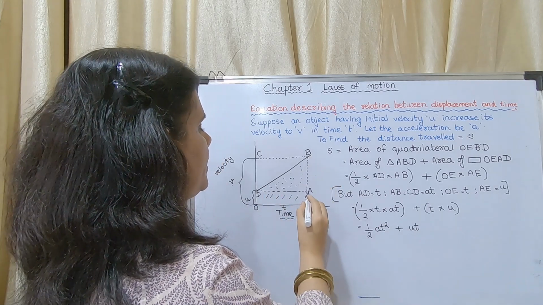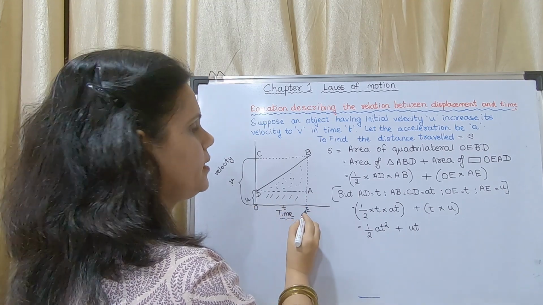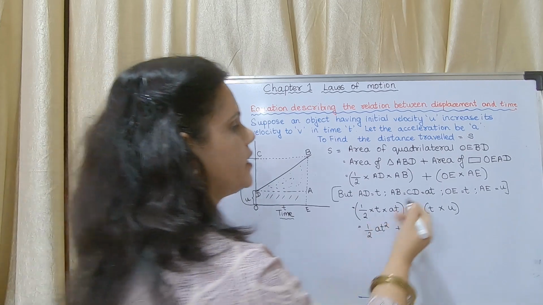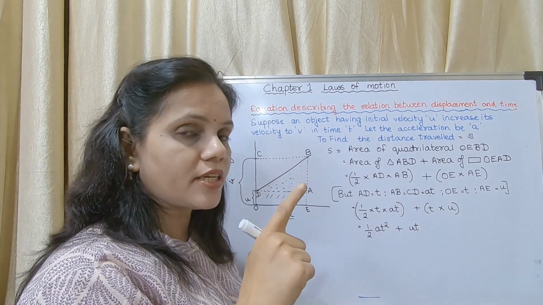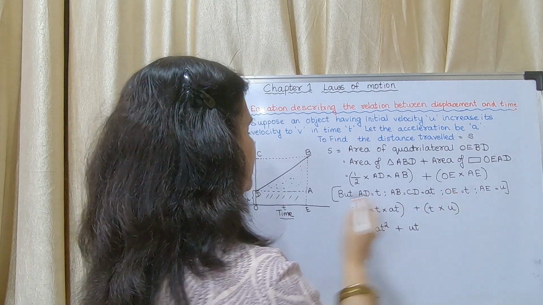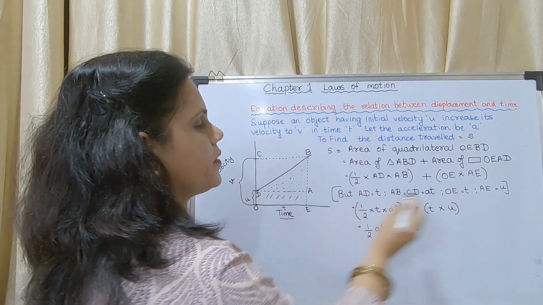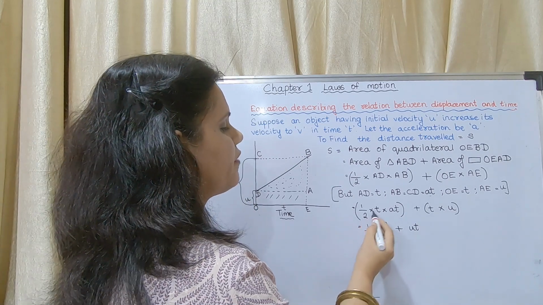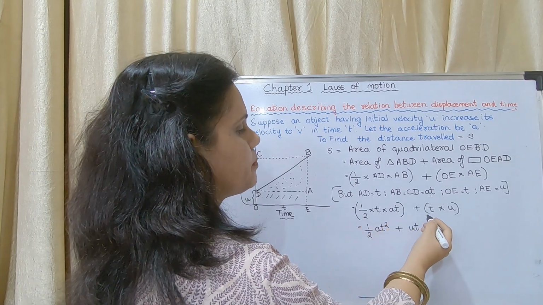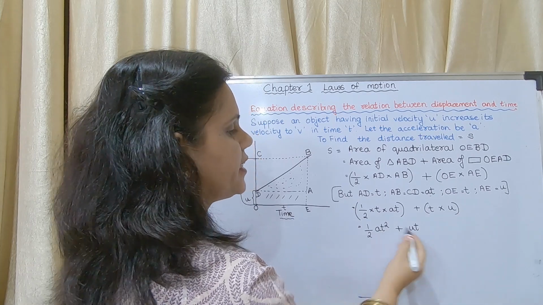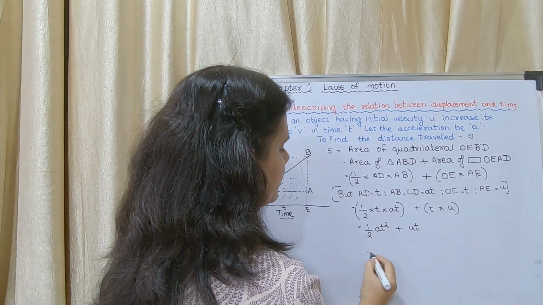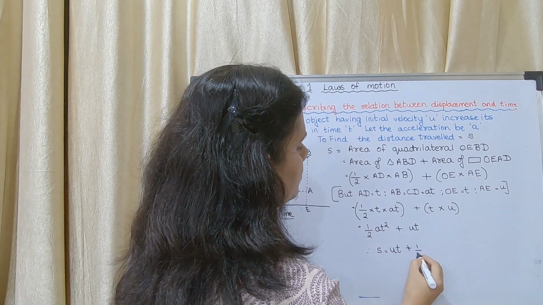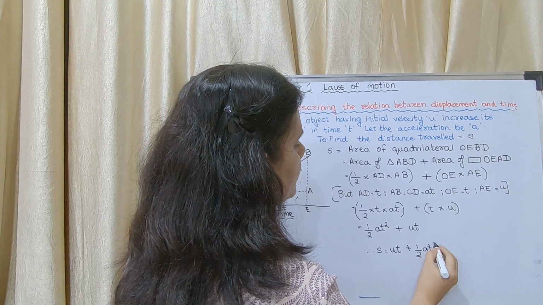AD is equal to T, AB is equal to CD is equal to at. From where did I get it? I got it from the first equation. OE is equal to T and AE is equal to U. Substituting, I get half into T into at, plus T into U, that is half at square plus UT. Therefore, S is equal to UT plus half at square.